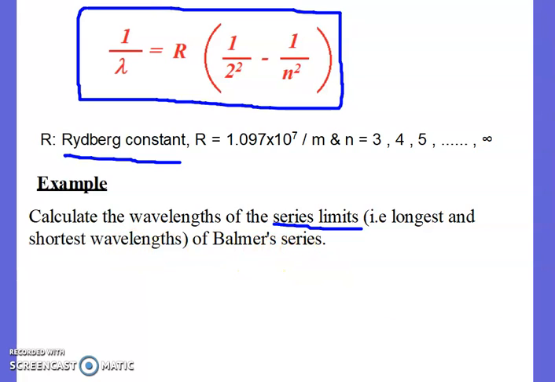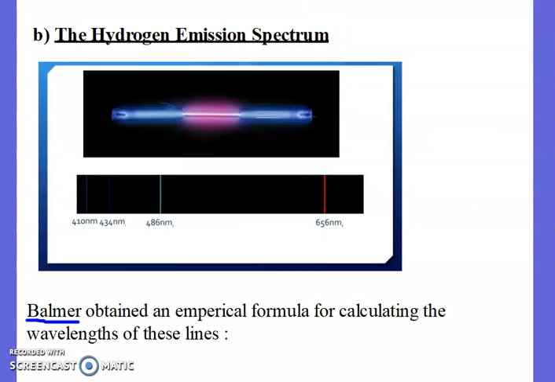Let me go here to Balmer. Here, for example, this is lambda, right? Okay. In this region, we obtain what we call infrared. You start here infrared or microwave.